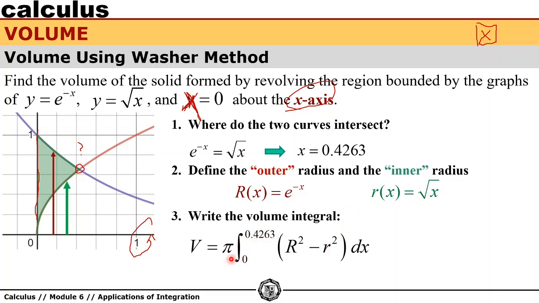But given the decimal nature of this particular question, I would definitely use a calculator. When you figure that out, you should end up with an answer of 0.61569. So that is our volume for this region going around the x-axis.